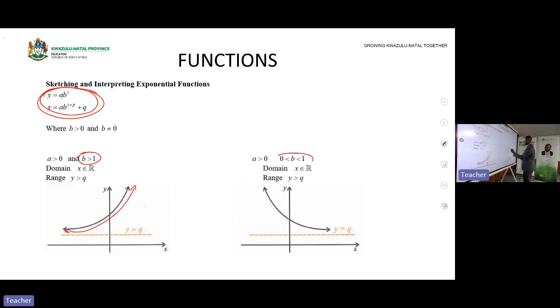But when the value of b is between 0 and 1, meaning a proper fraction, that will be your half, 1 over 3, or 2 over 3, then your graph will take a decreasing shape.